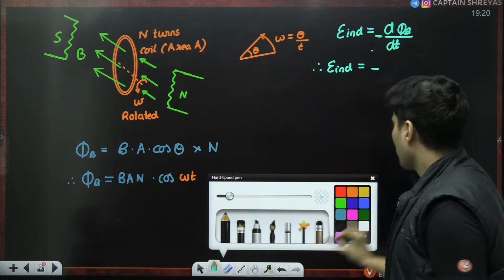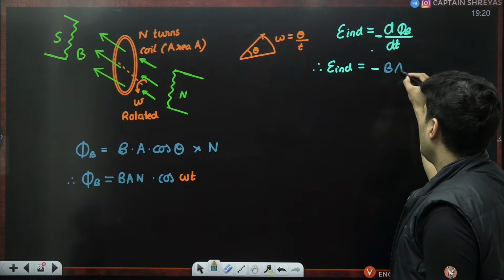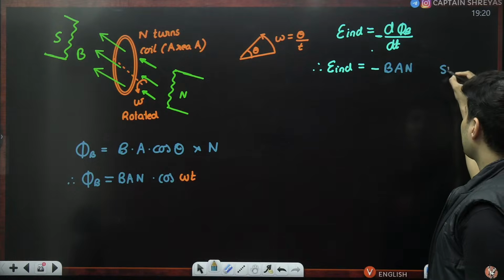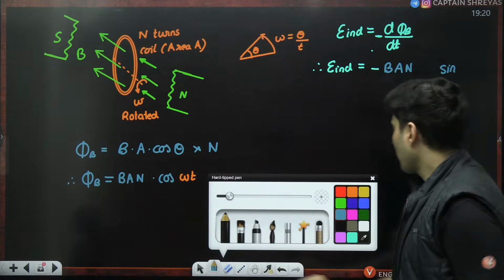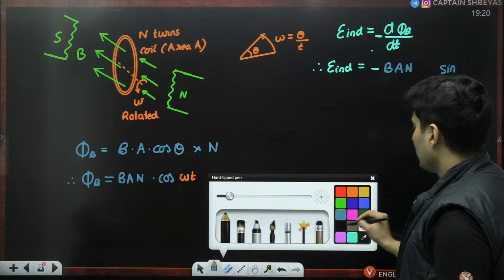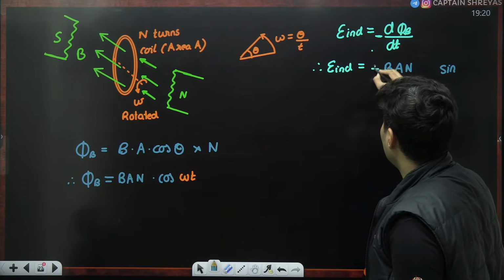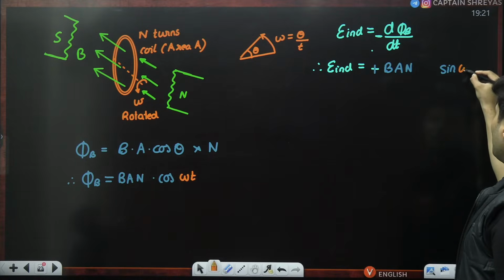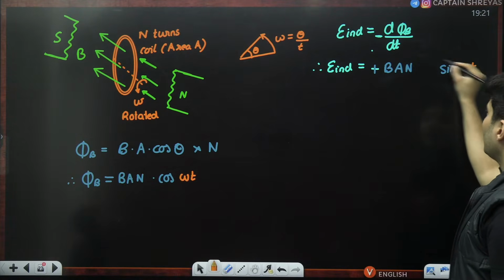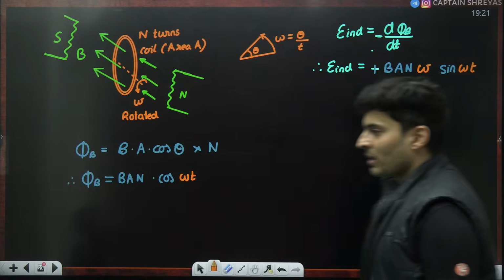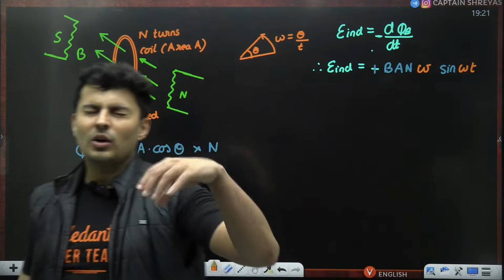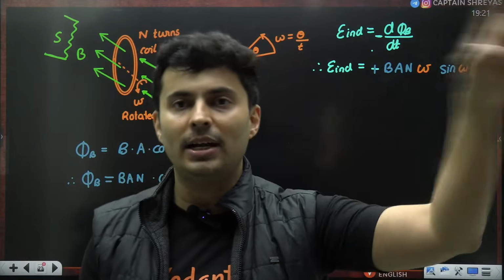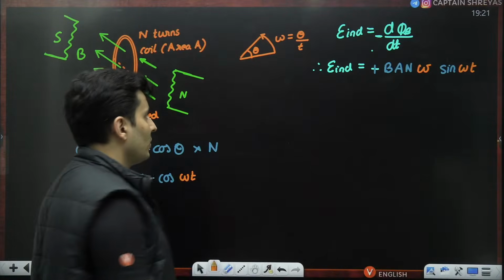By the way, B, A and N are all constants. The derivative of cos is sine with a negative sign, so one negative sign will come and make it plus, and then you have sine omega t. Do not forget omega will also come outside, because the derivative of cos kx is negative sine kx multiplied by k. Chain rule you have to use.